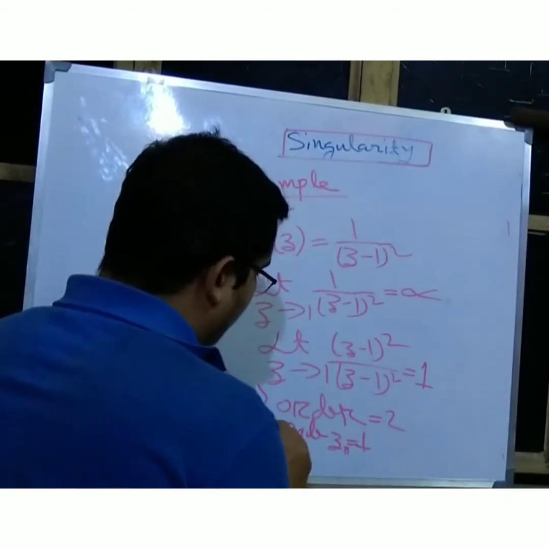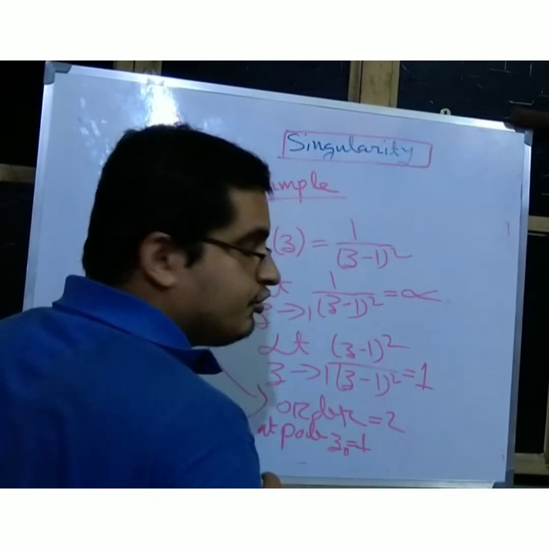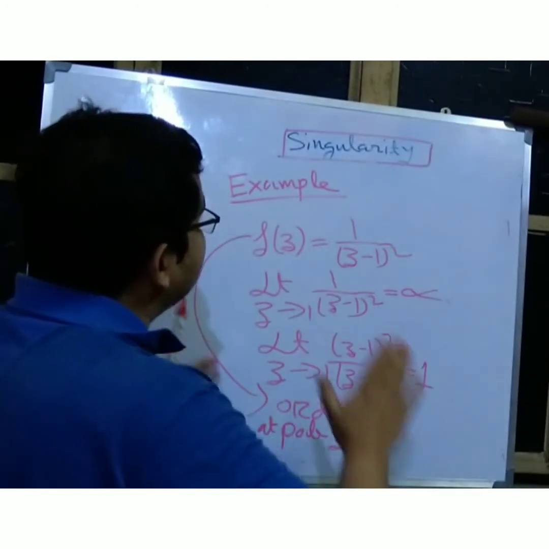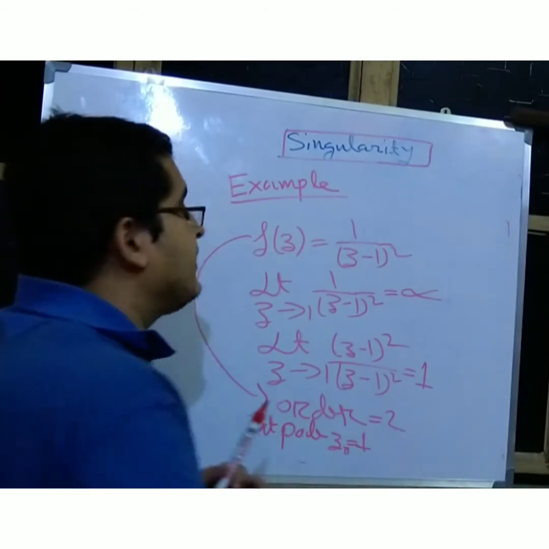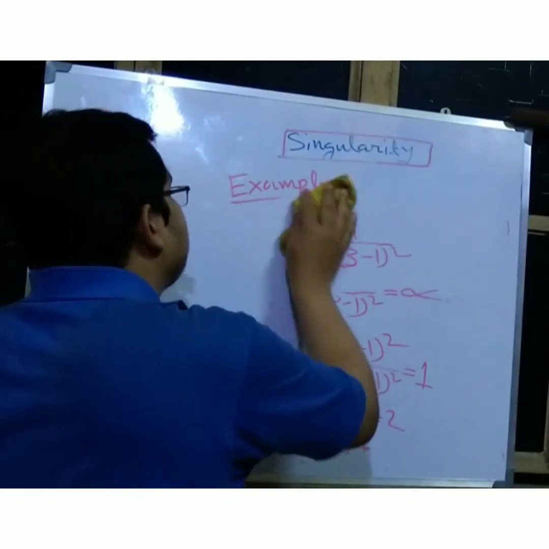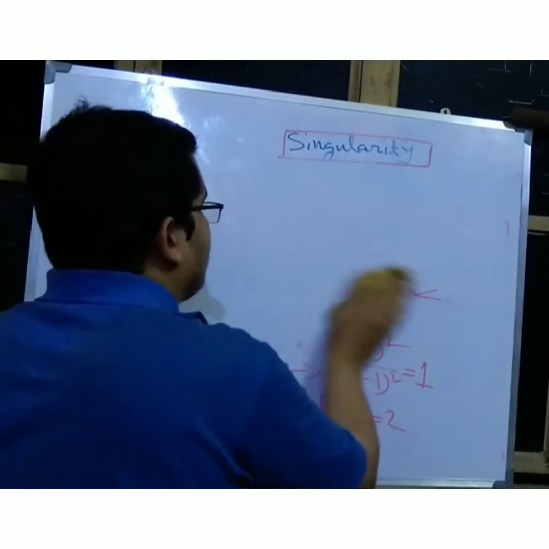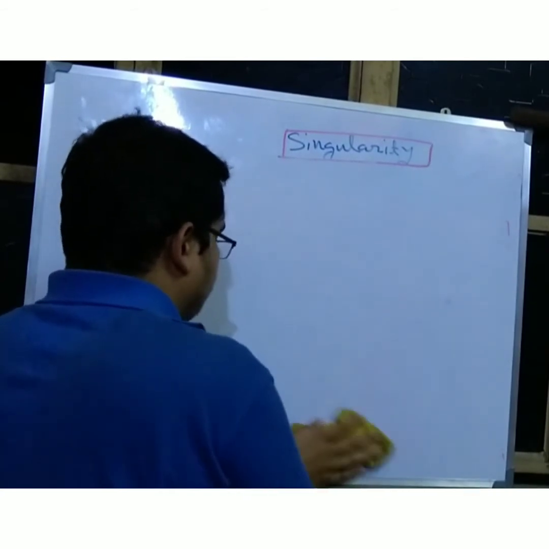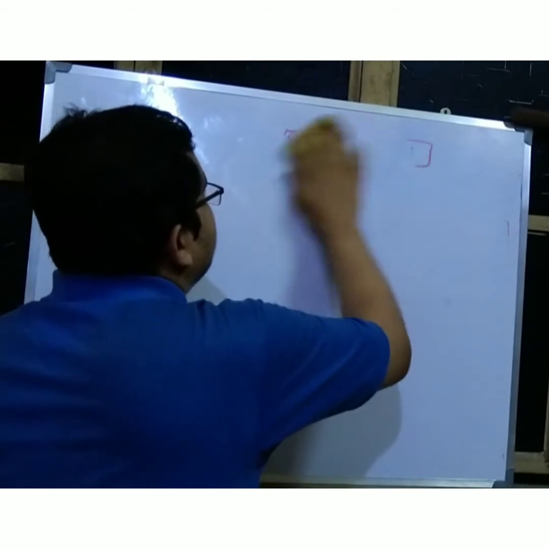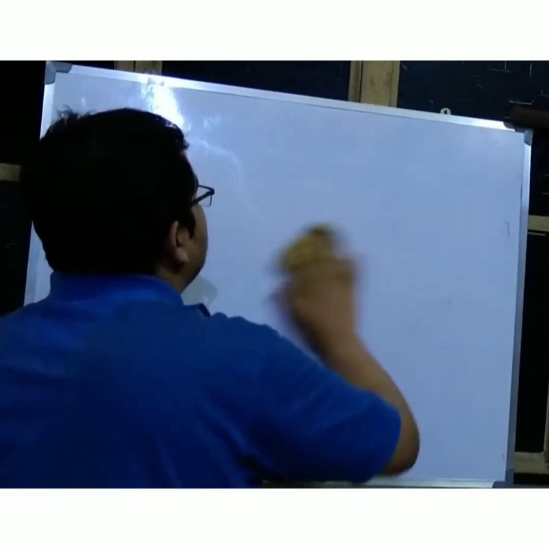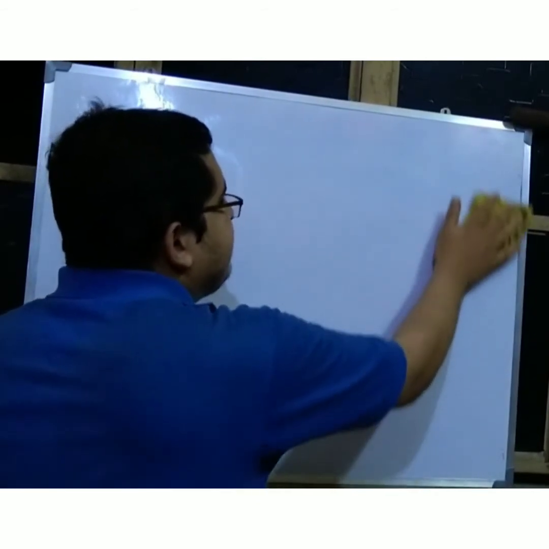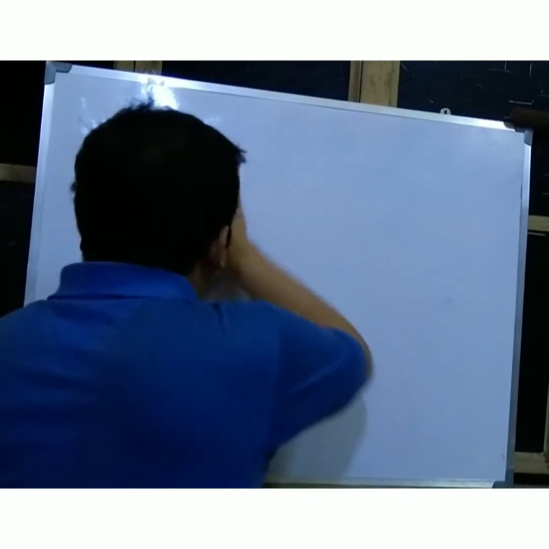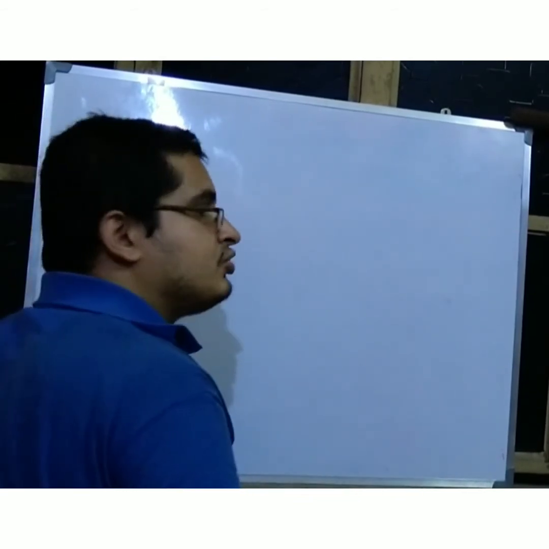So friends, I get the pole and also the order. Now next I will discuss, because theory is very important, and next time I will solve CSIR NET GATE problems.